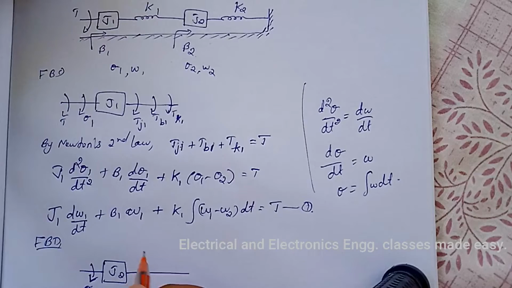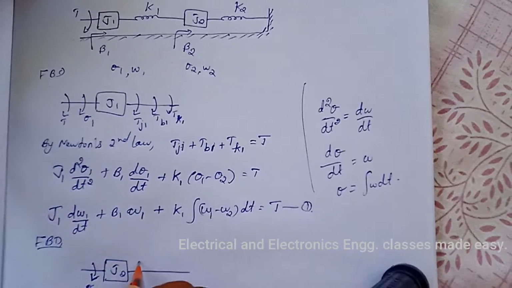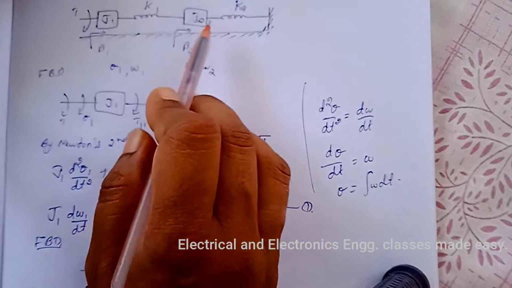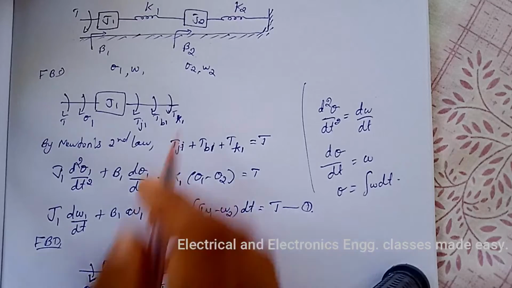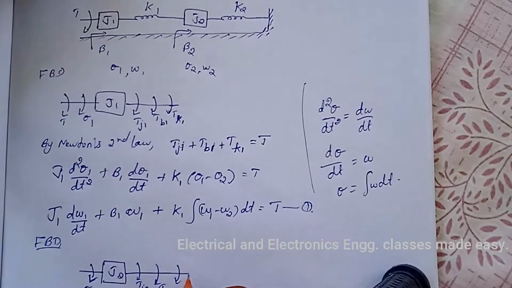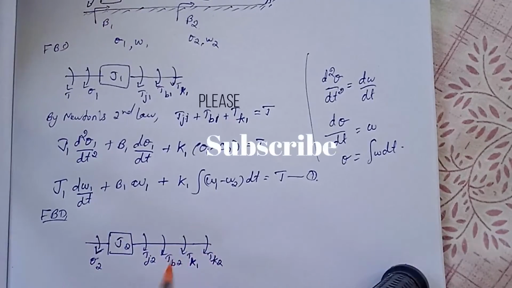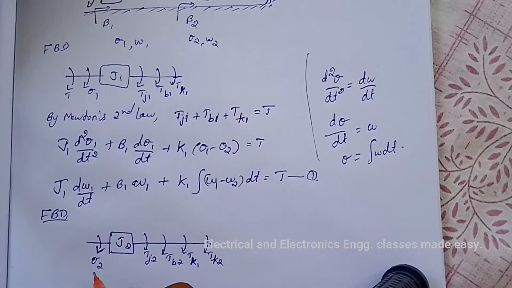Then the opposing torques are due to J2, that is Tj2, then due to B2, that is Tb2, then due to K2 and K1, that is Tk1 and Tk2. So these are the opposing torques, and theta 2 is the angular displacement.